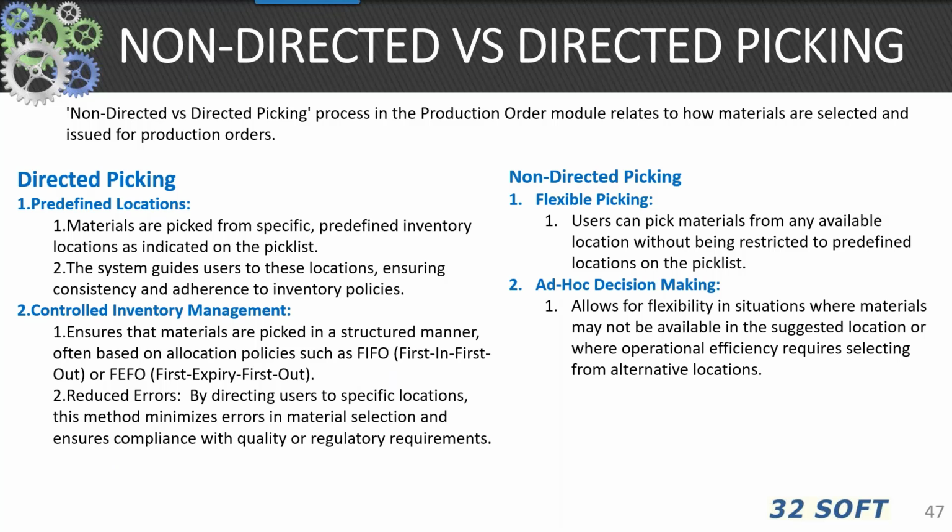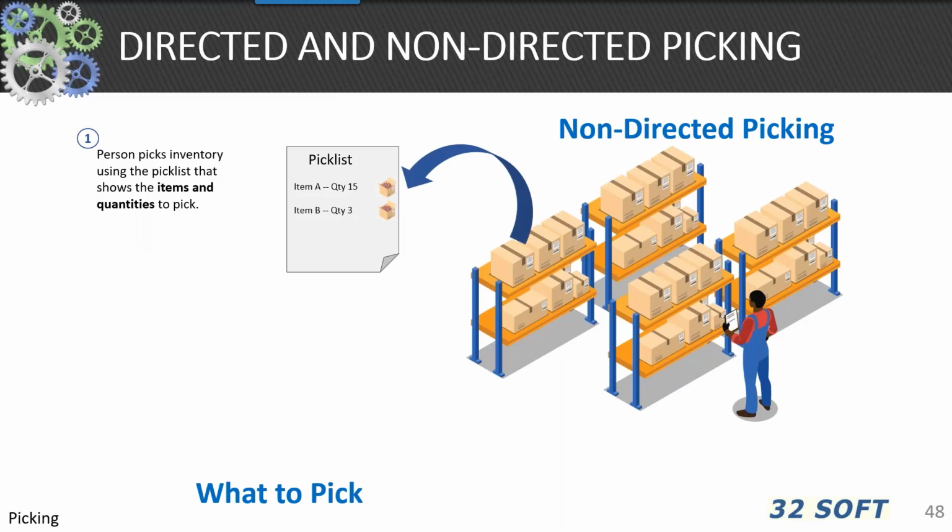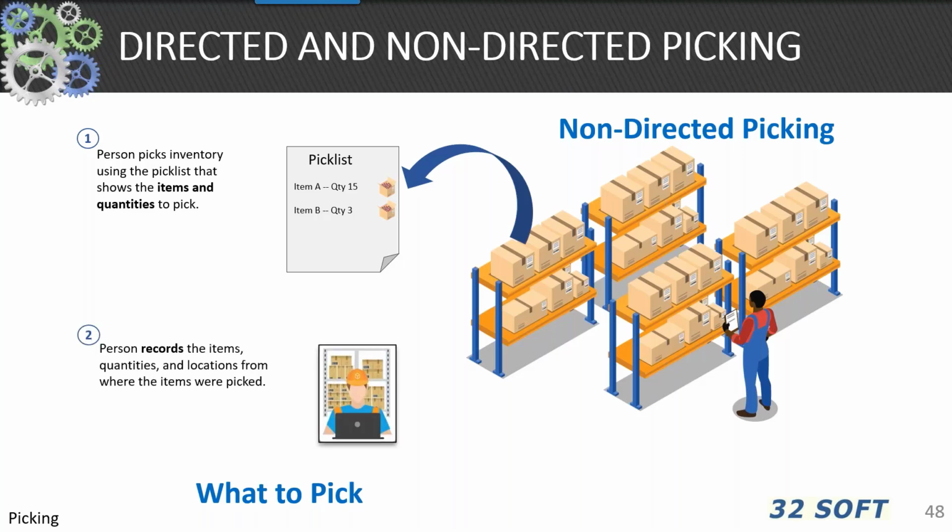Non-directed and directed picking process in a production order module relates to how materials are selected and issued for production. Firstly, non-directed picking. The stockroom picks the inventory using the pick list that shows the item and the quantity. A person records the item and quantities that he actually picks. In other words, this is what to pick.